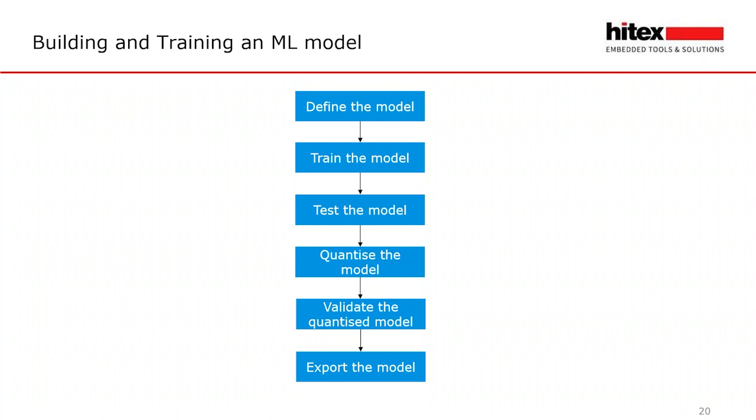We then test the model to make sure that it matches the accuracy that we need. And then to get it down to the microcontroller, we quantize it to reduce the memory requirement. Again, retest to validate that the model is still accurate enough. And then we can export it. As I mentioned before, this will be as a header file that we add to our project.